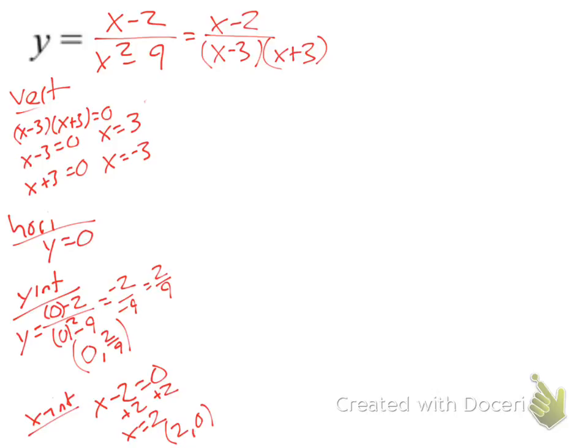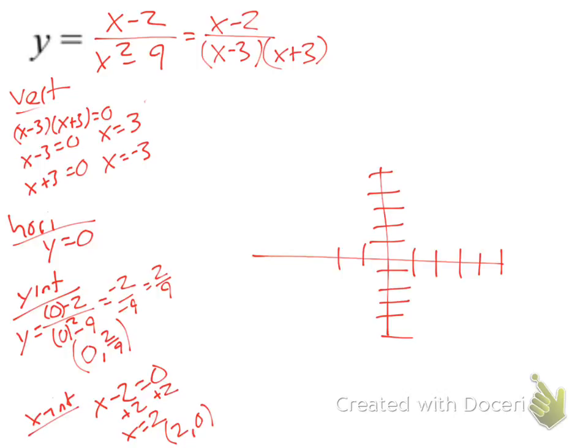Now we can graph it, guys. So, we have a vertical asymptote at 3 and negative 3. How many t-charts? 3.